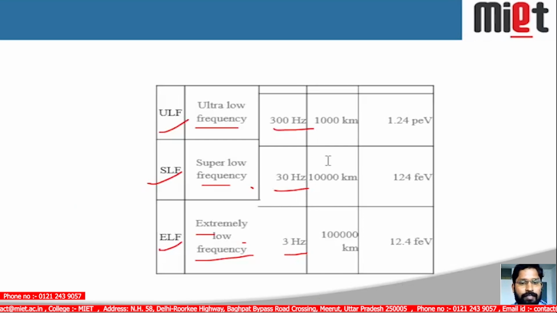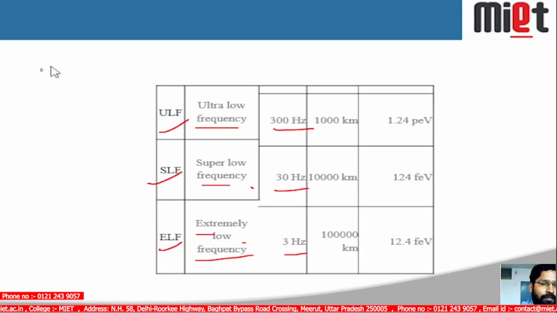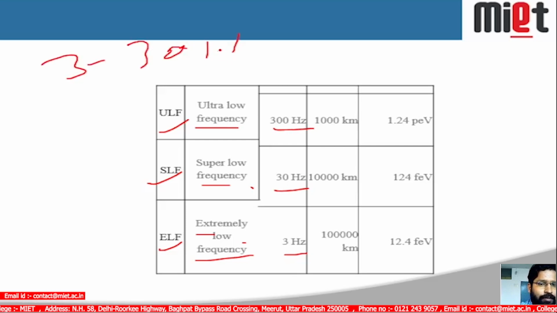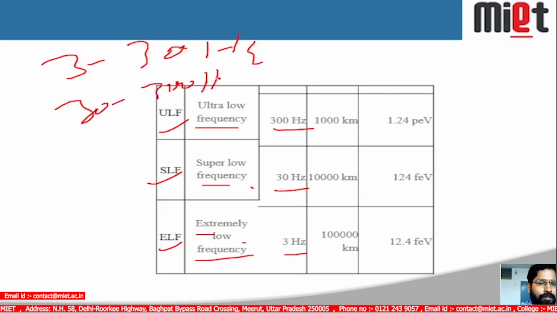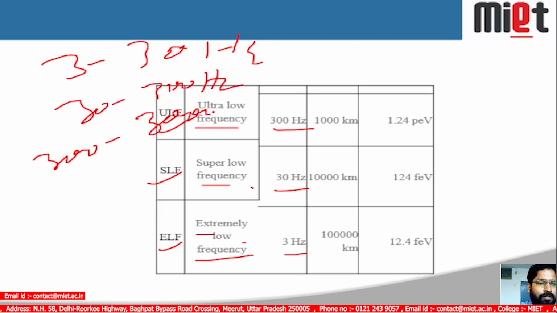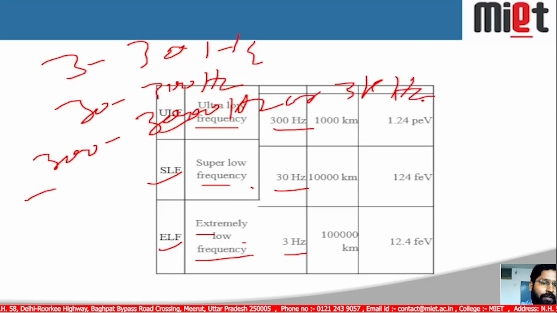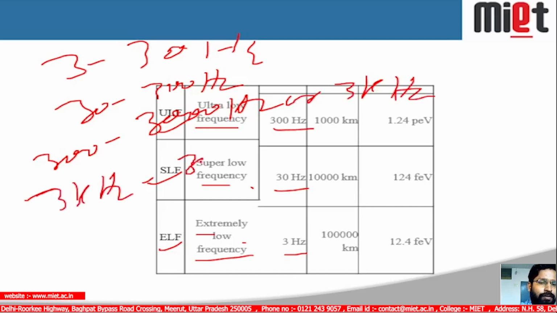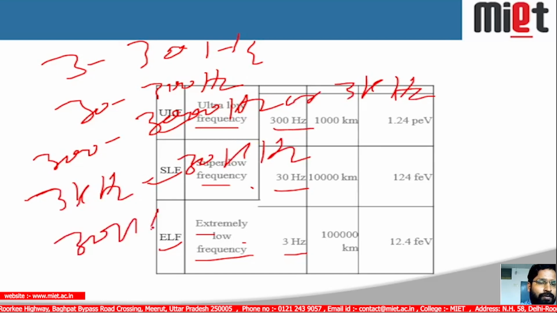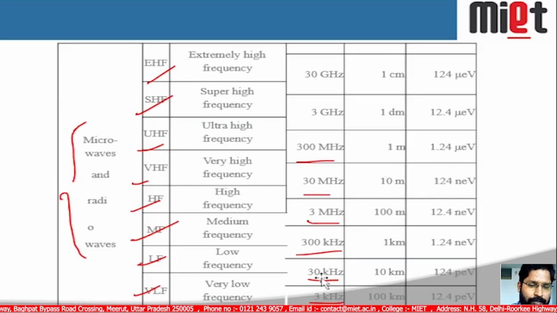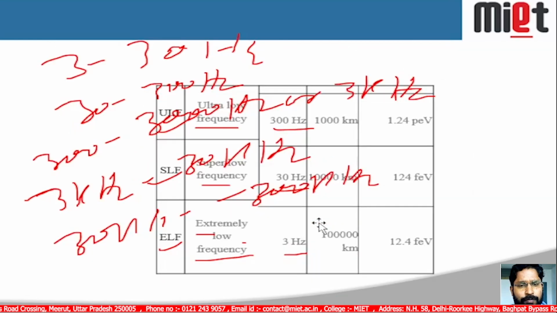We can easily remember these things: 3 to 30 hertz, 30 to 300 hertz, 300 to 3000 hertz, which is 3 kilohertz, and so on, as you can see in the slide. 3000 kilohertz means 3 megahertz, so it is easy to remember.